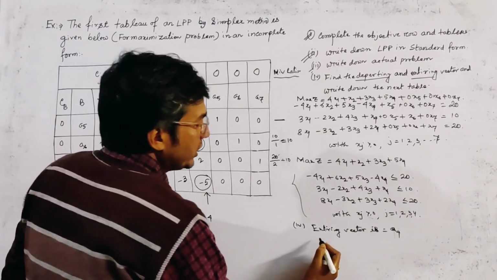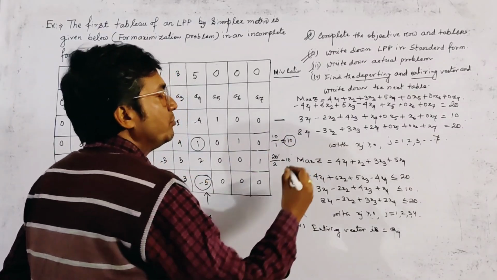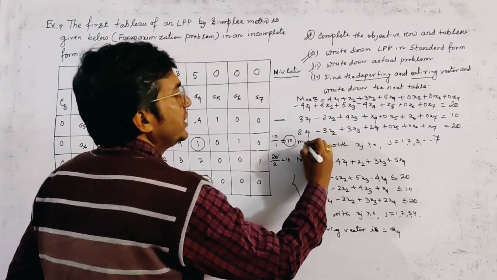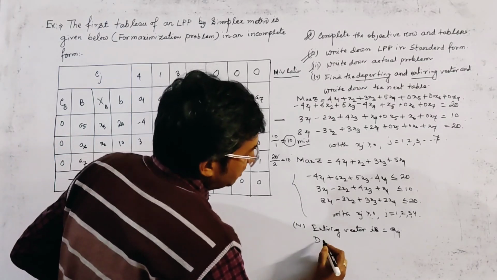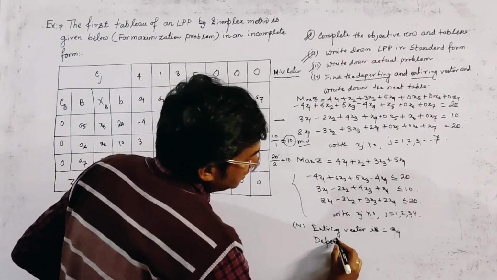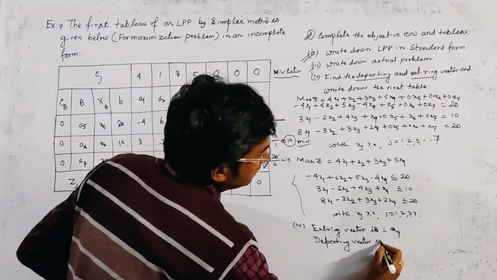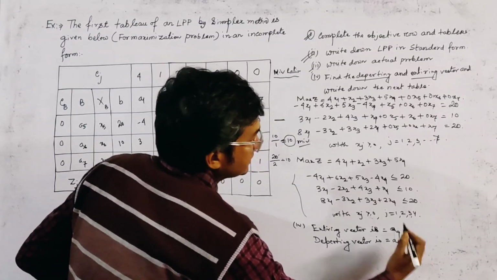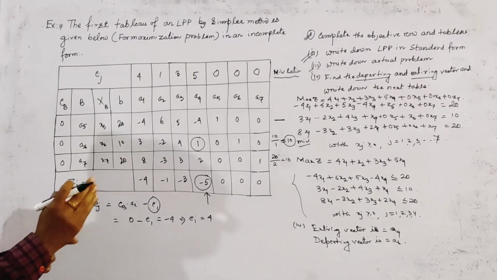Okay, so we write here the min ratio, and here we write the departing vector, which is given by A6. Now we calculate the next table.